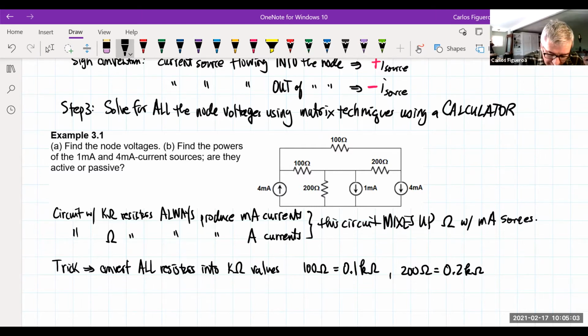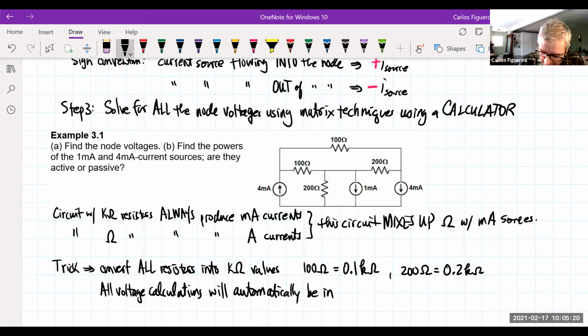So what this does is that all voltage calculations will automatically be in volts. Why?